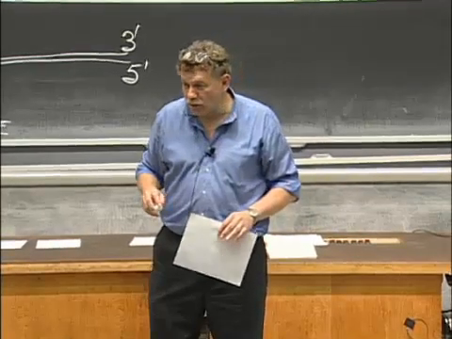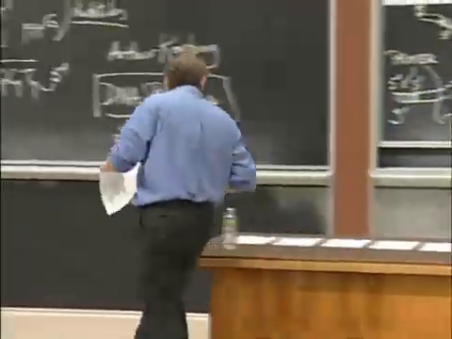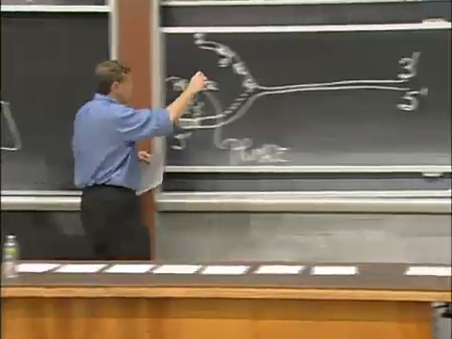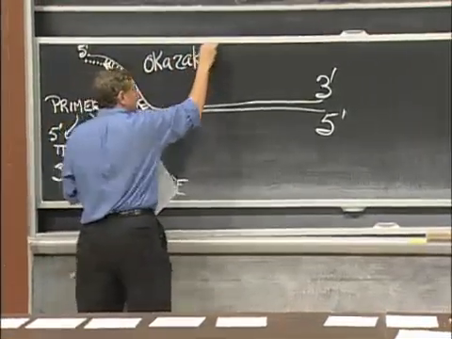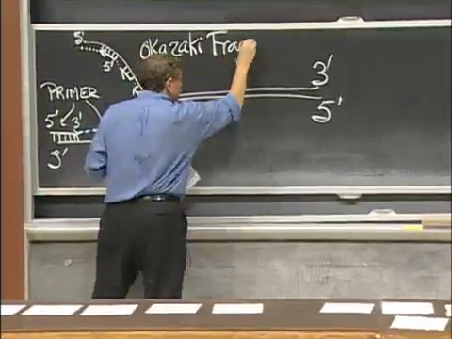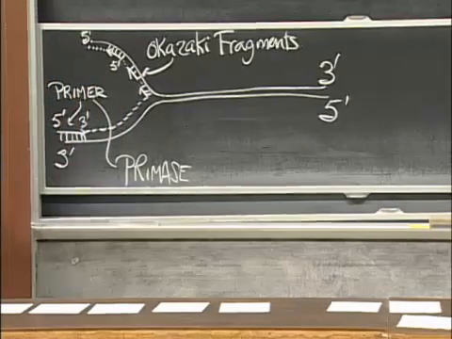And they are called Okazaki fragments. Again, I just mention these things. They are known to molecular biologists. But these little guys are Okazaki fragments. And they tell you that you're on the right track here. This is indeed how it's working. You can see those little fragments there.